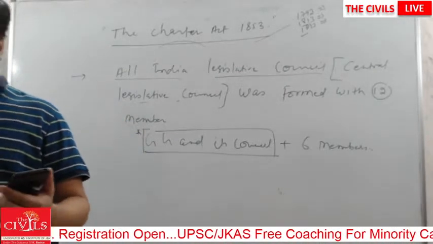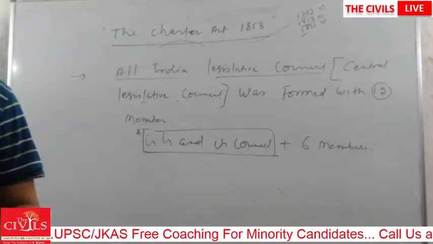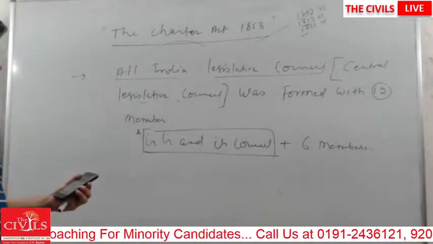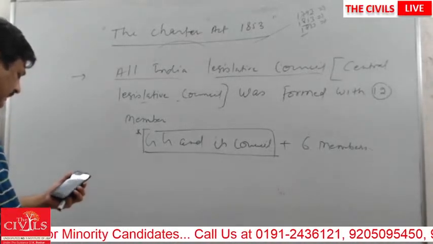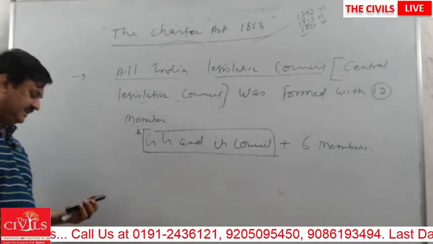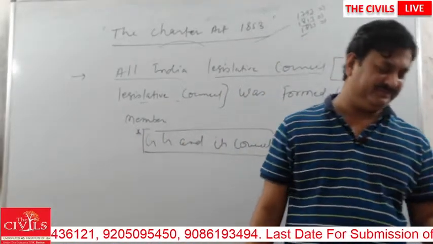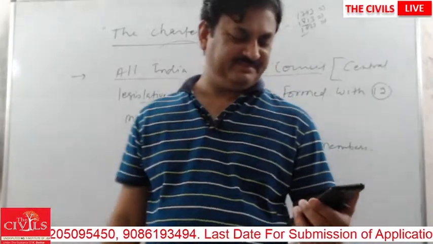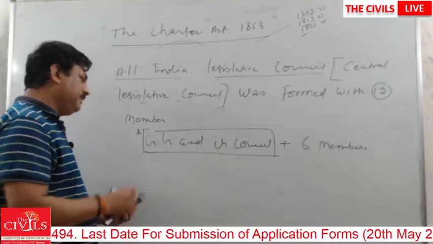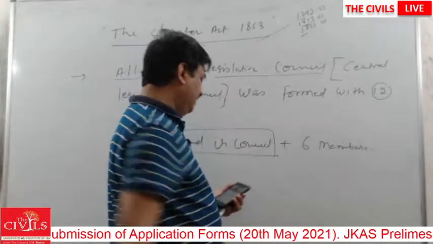And when it was formed, how many members were in there? Sefali Gandhi, first of all, I want your answer. By which act was the Governor General and Council formed?